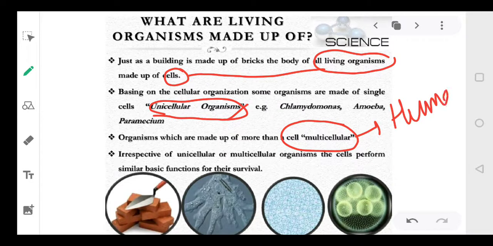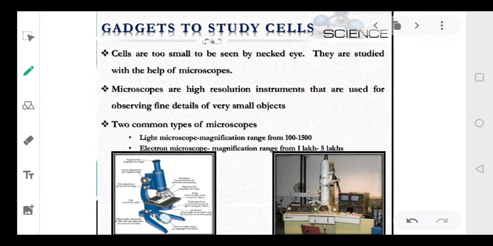Our body has thousands, millions of cells. So we are multicellular organisms. In the last point, you can see this is amoeba shown here. So we can divide living organisms into two types: unicellular and multicellular organisms.